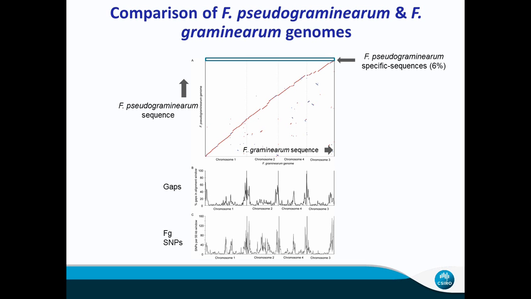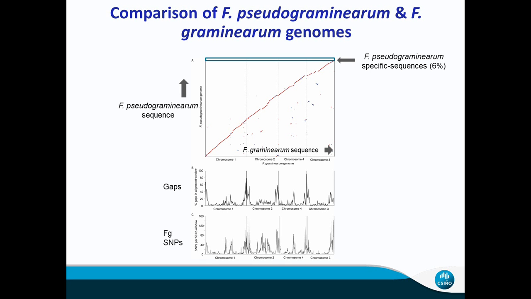Only 6% of the Fusarium pseudograminearum genome could not be aligned to Fusarium graminearum, indicating that this is specific to Fusarium pseudograminearum. But the rest could be aligned quite well. You can see some gaps in this alignment. When you look closely at these gaps, as you can see here, they are at the end of each chromosome, and they are also associated with high SNP densities.